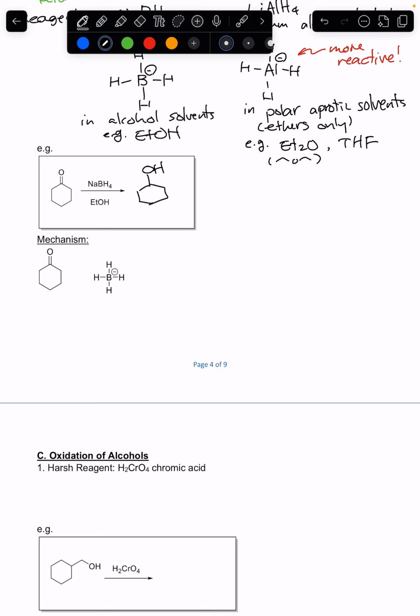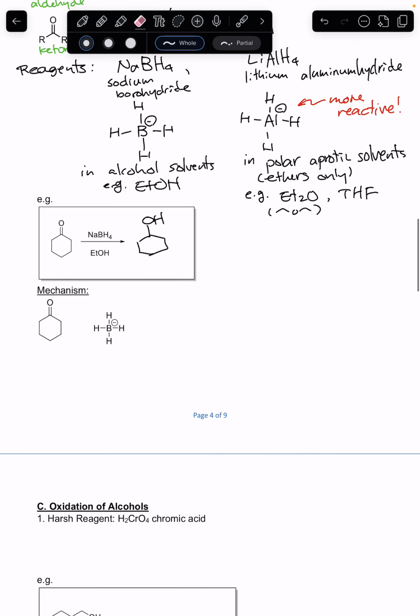What you want to think about is that these species are good hydride sources. And you might think, why can't you use something like sodium hydride? Well, hydride itself is not a good nucleophile.